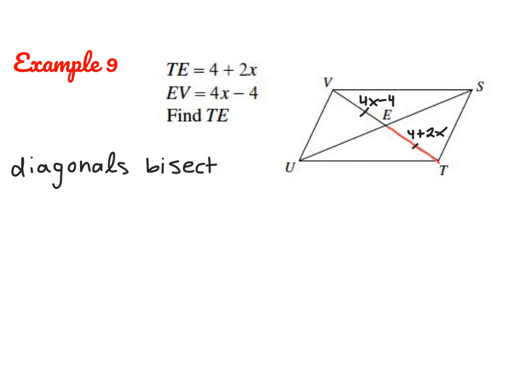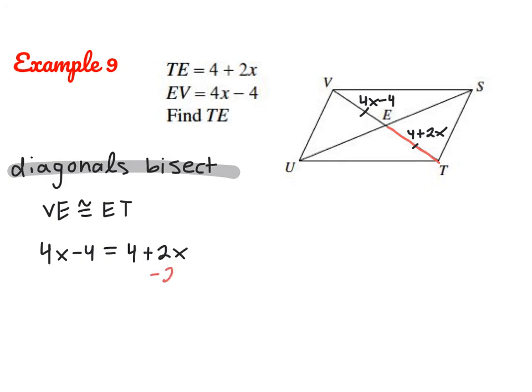And that allows us to state that VE is congruent to ET. So once again, we have to make this fact before we can create our equation. But now that we know this fact, we can create the equation that 4x minus 4 equals 4 plus 2x.